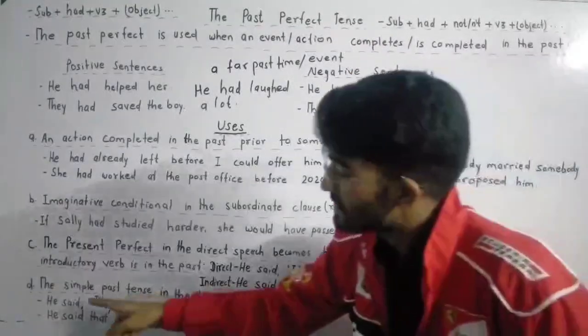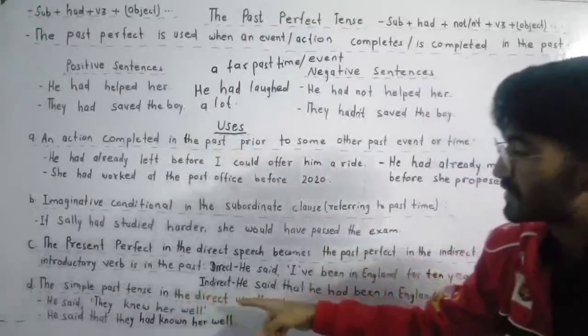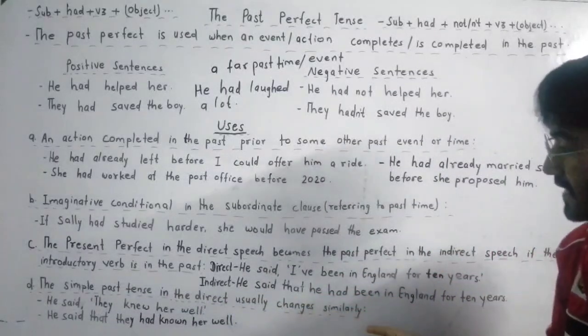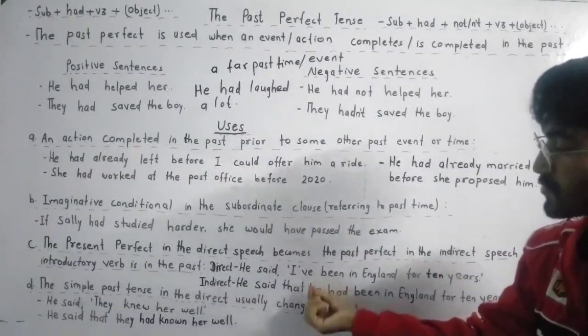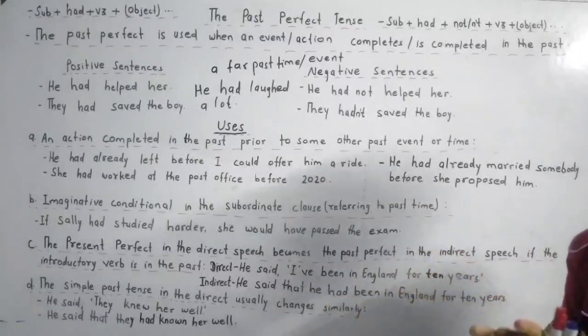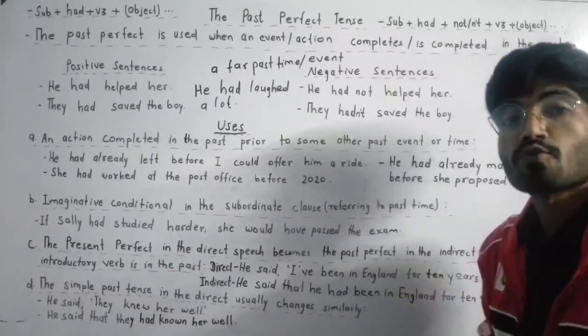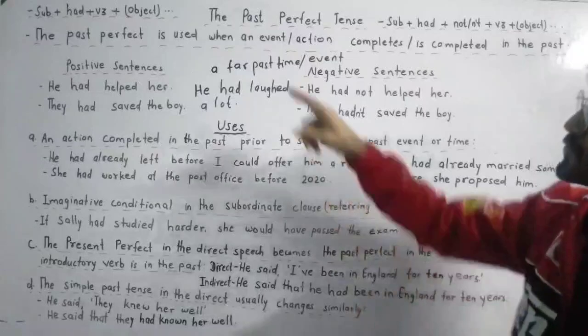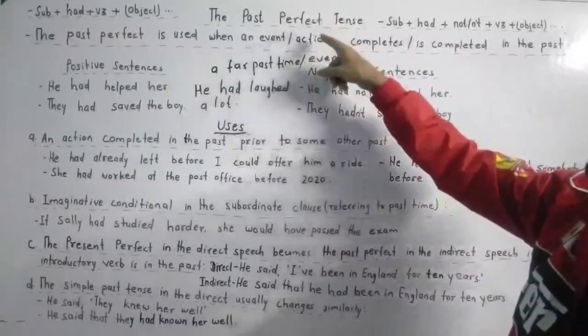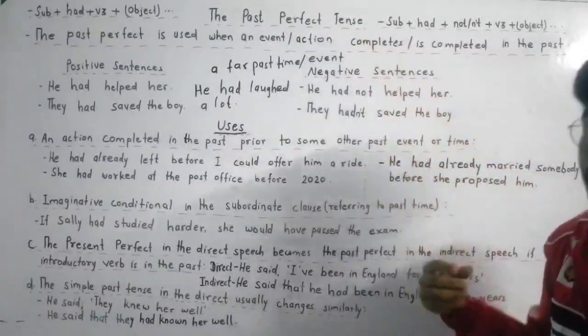And another one is the simple past tense in the direct speech, which usually changes similarly. A simple past sentence is also changed into the past perfect tense. In which situation?